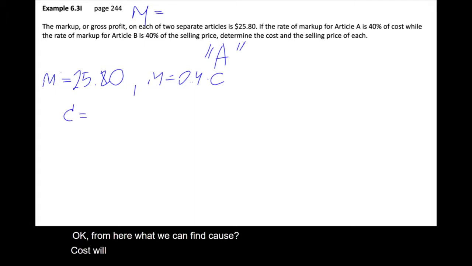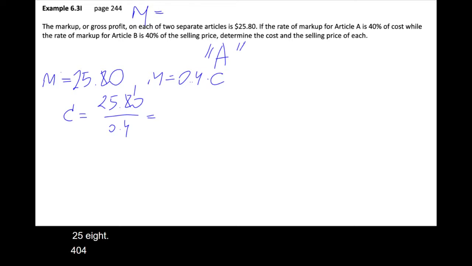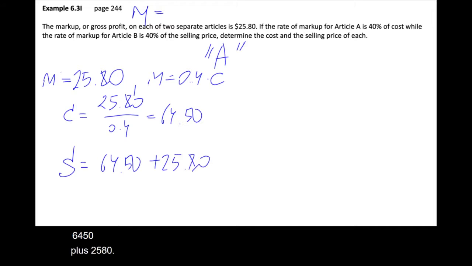Cost will be 25.80 over 0.4. Let's see what it is. 64.50. And the selling price is 64.50 plus 25.80, which is $90.30.